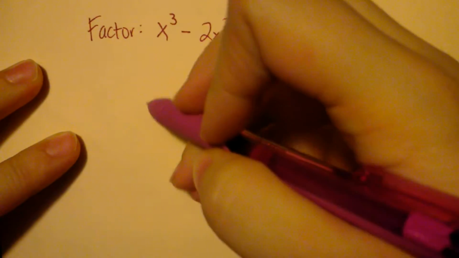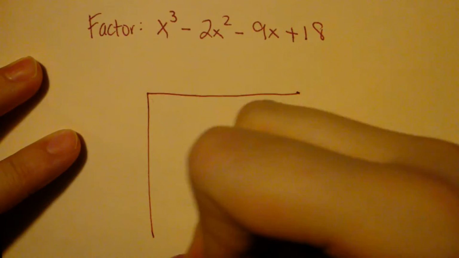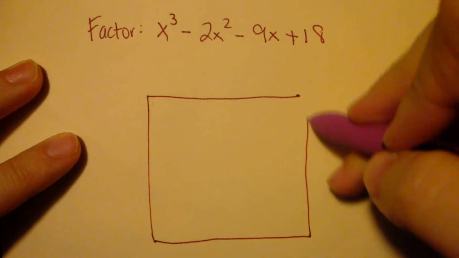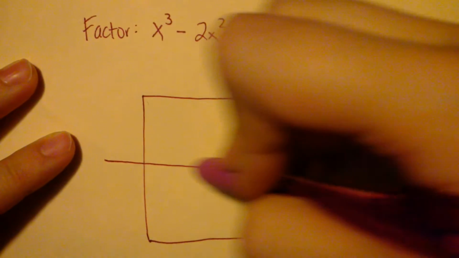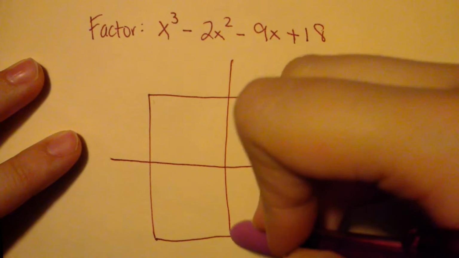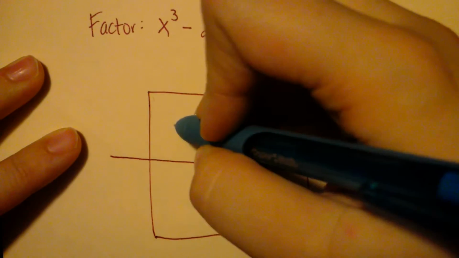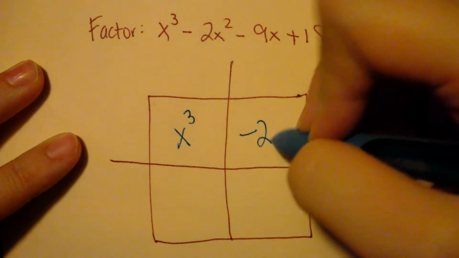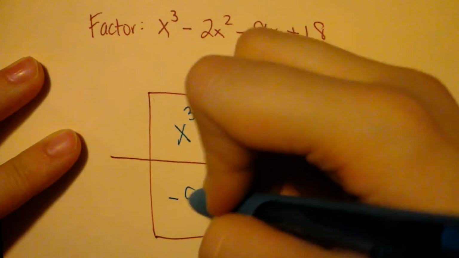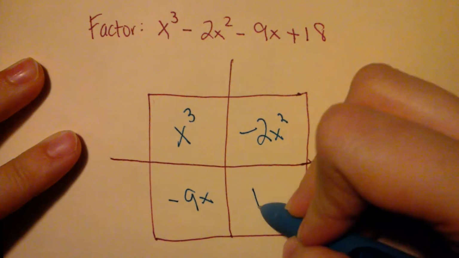So when I factor this, that's when we use the box. So I write my terms in left to right: x cubed, negative 2x squared, negative 9x, positive 18.